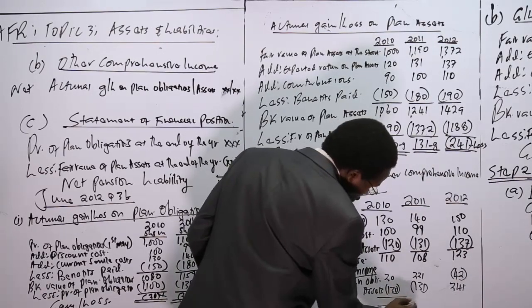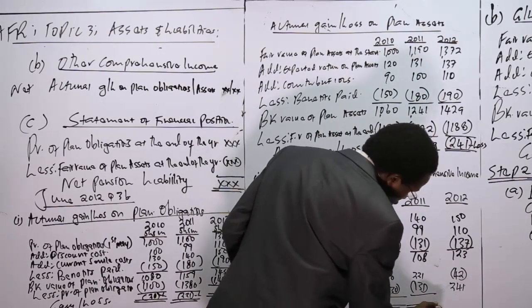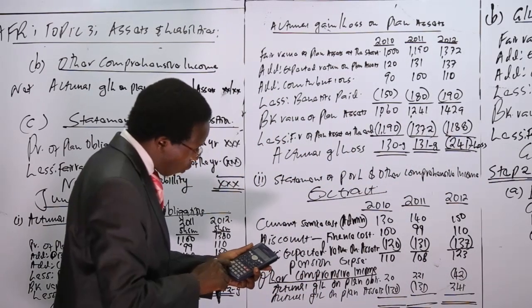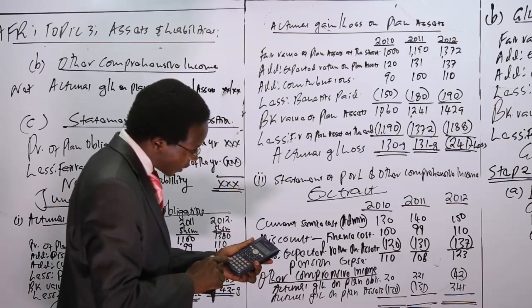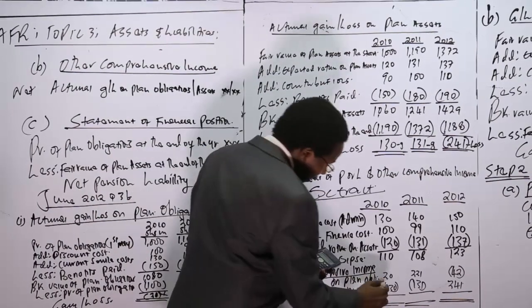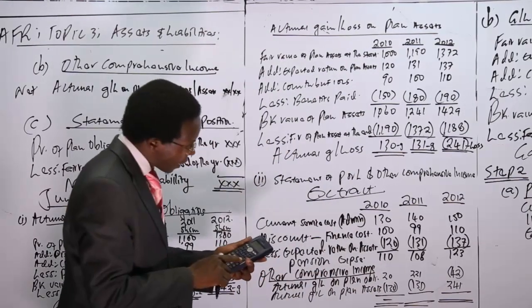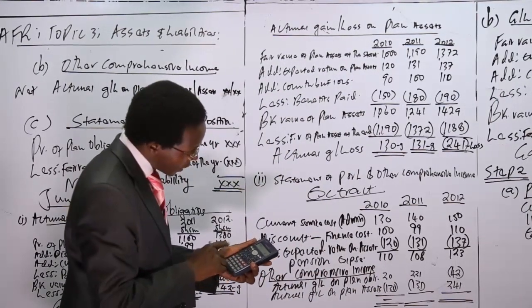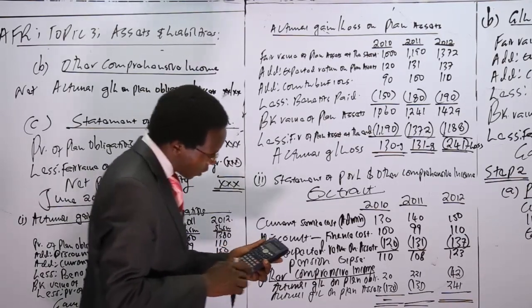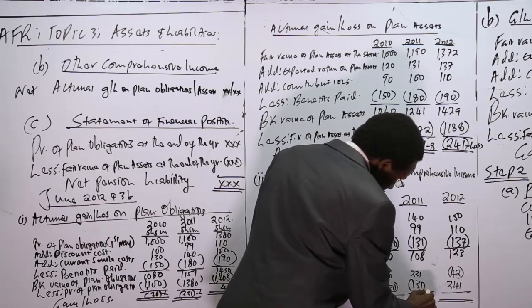So what will be the total comprehensive income? We have 110 plus 20 minus 130, so we are getting nil. That's interesting. 108 plus 221 minus 131, so this is 198.